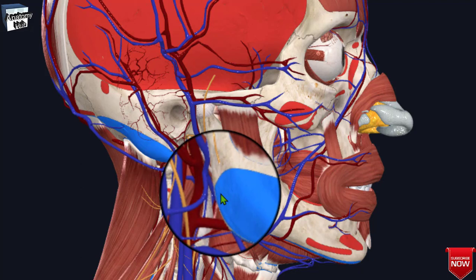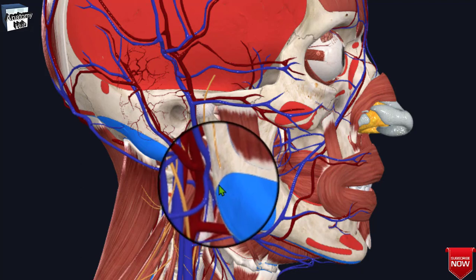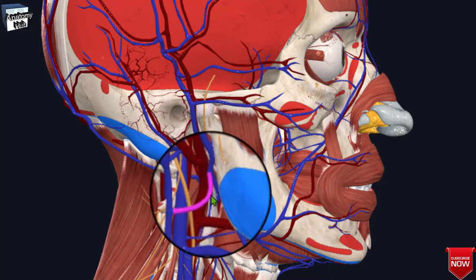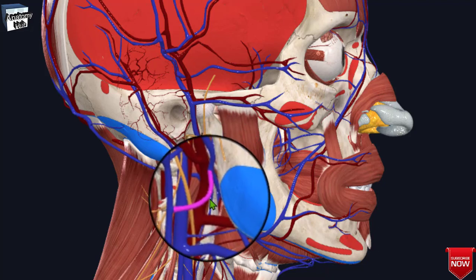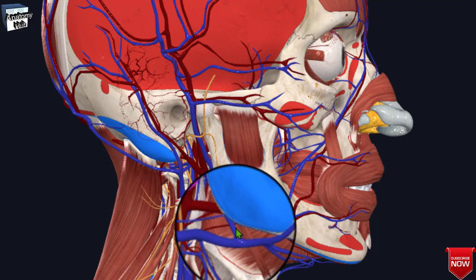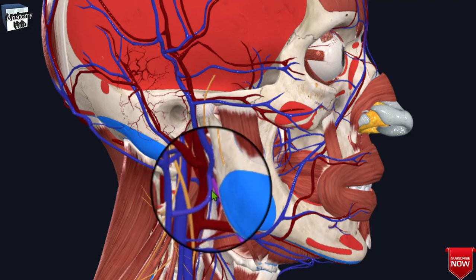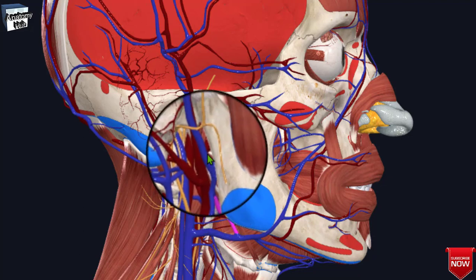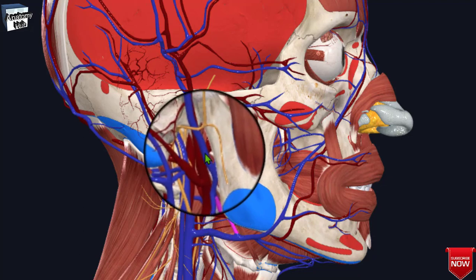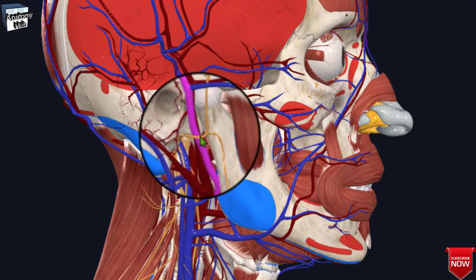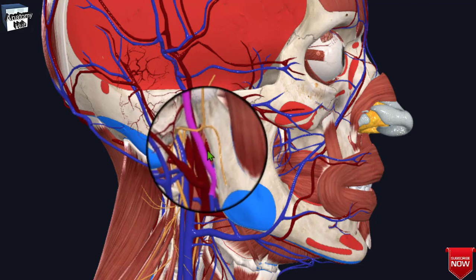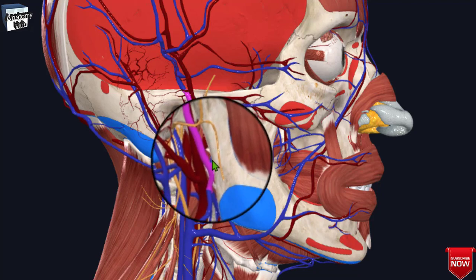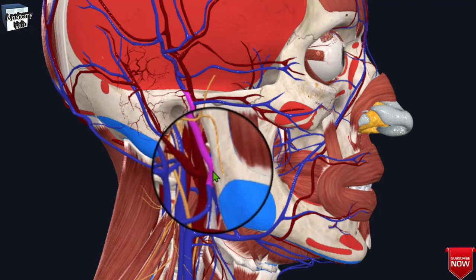The veins unite together and form the retromandibular vein. This is the posterior division and this is the anterior division of the retromandibular vein. This is the retromandibular vein, which traverses the substance of the parotid gland that we have removed.